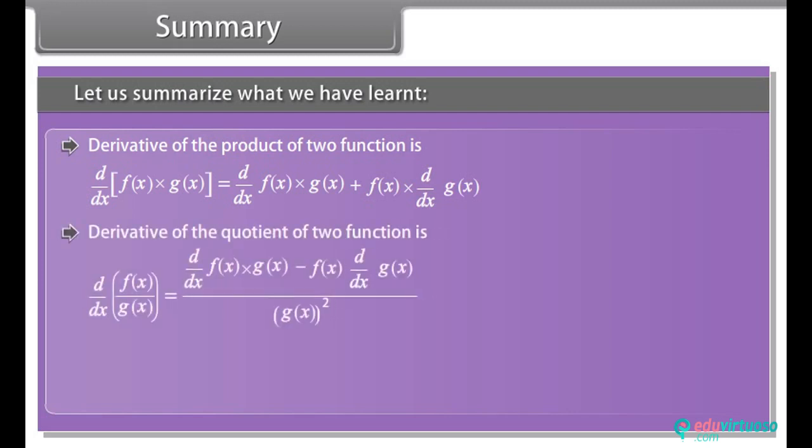Derivative of the quotient of two functions is d by dx of f of x by g of x is equal to g of x into d by dx of f of x minus f of x into d by dx of g of x divided by square of g of x. If f of x is equal to x raised to the power n, then f dash of x is equal to n into x raised to the power n minus 1, where n can be any real number.